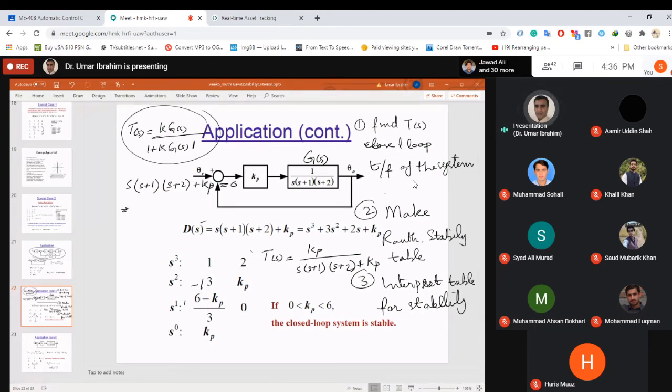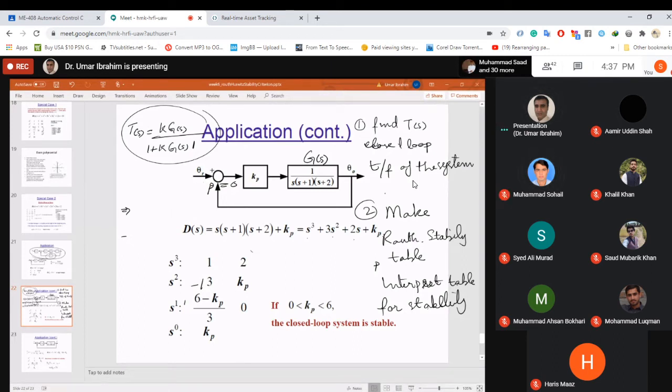That comes out to be s into s squared plus 3s plus 2 plus kp equal to 0, or that comes out to be s cubed plus 3s squared plus 2s plus kp equal to 0. Okay, which is written here, s cube plus 3s squared plus 2s plus kp. Clear till here, students?